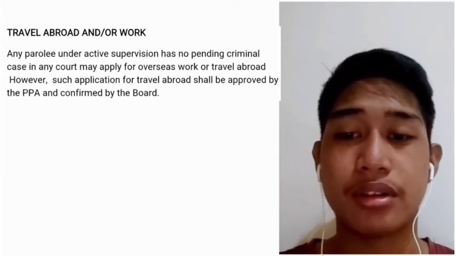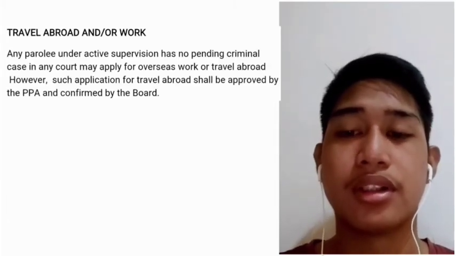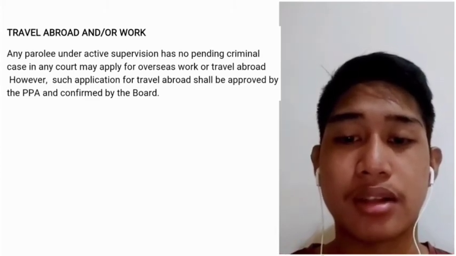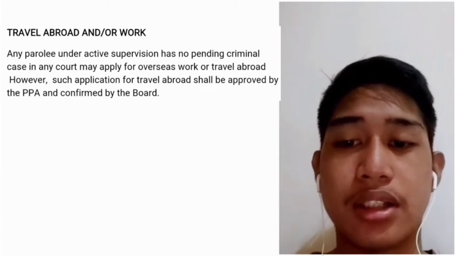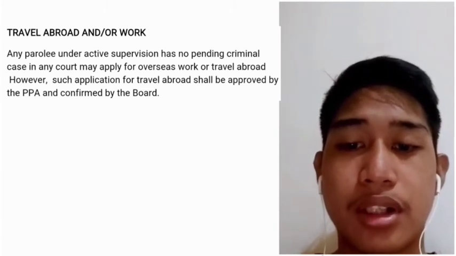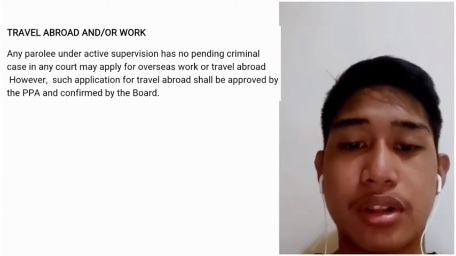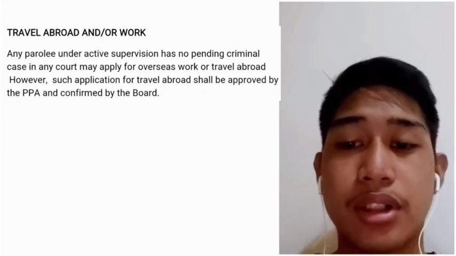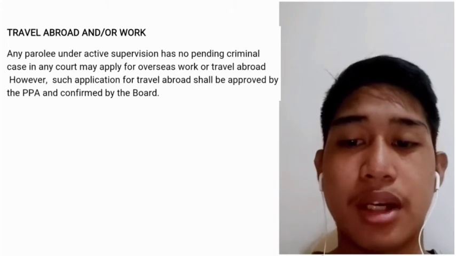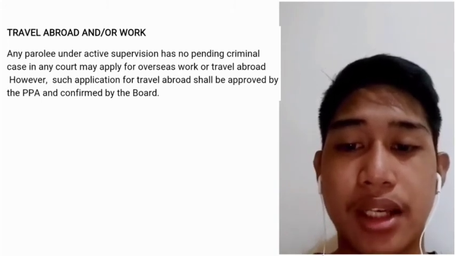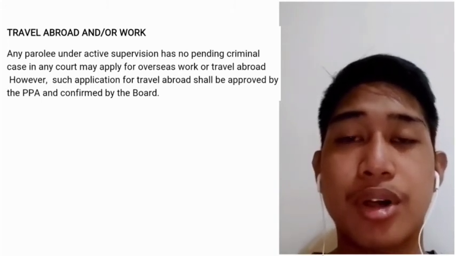Travel abroad and or work abroad. Any parolee under active supervision who has no pending criminal case in any court may apply for overseas work or travel abroad. However, such application shall be approved by the PPA and confirmed by the board.